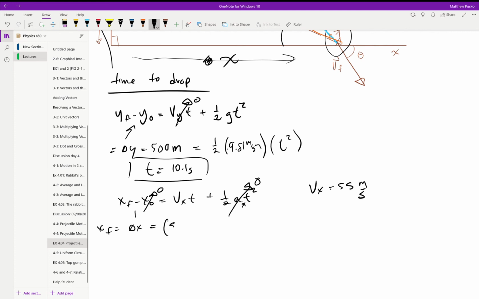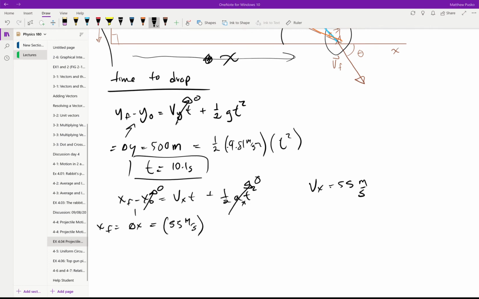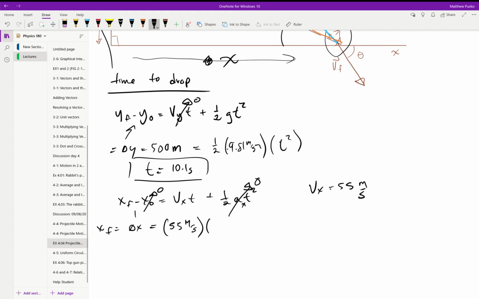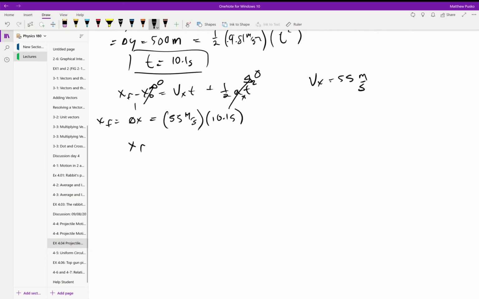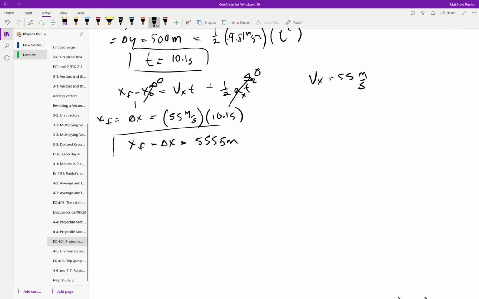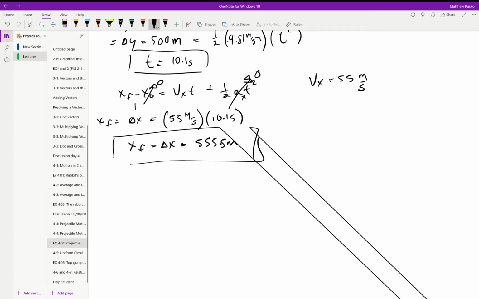We know 55 meters per second, and we know the time. Oh, sorry, we don't know. Yes, we do. We just solved for 10.1 seconds. So we get an x final, or a total delta x, equal to 555.5 meters. That's how far it went. Whoa.